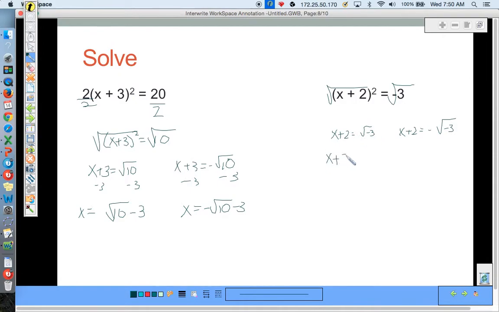So that's x plus 2 equals 3i, because the square root of negative 1. So x plus 2 equals negative 3i. And if you don't remember the i business, don't worry too much about that. We'll go over this again. Just for some of you who are wondering about the negative, I wanted to remind you of that. We have those imaginary numbers. So minus 2 and x equals negative 3i minus 2.